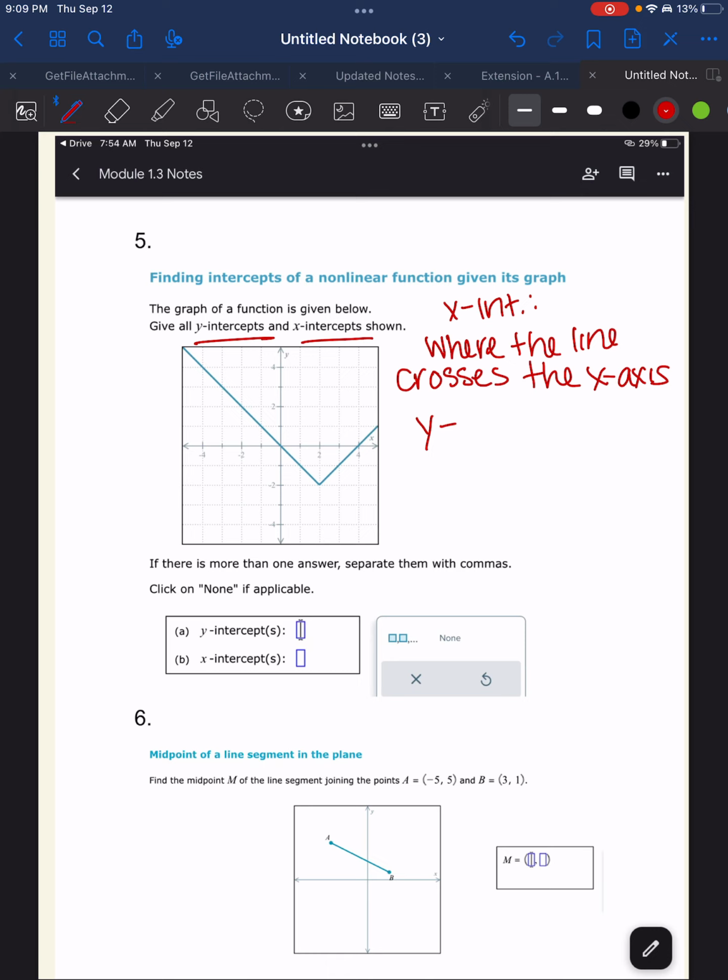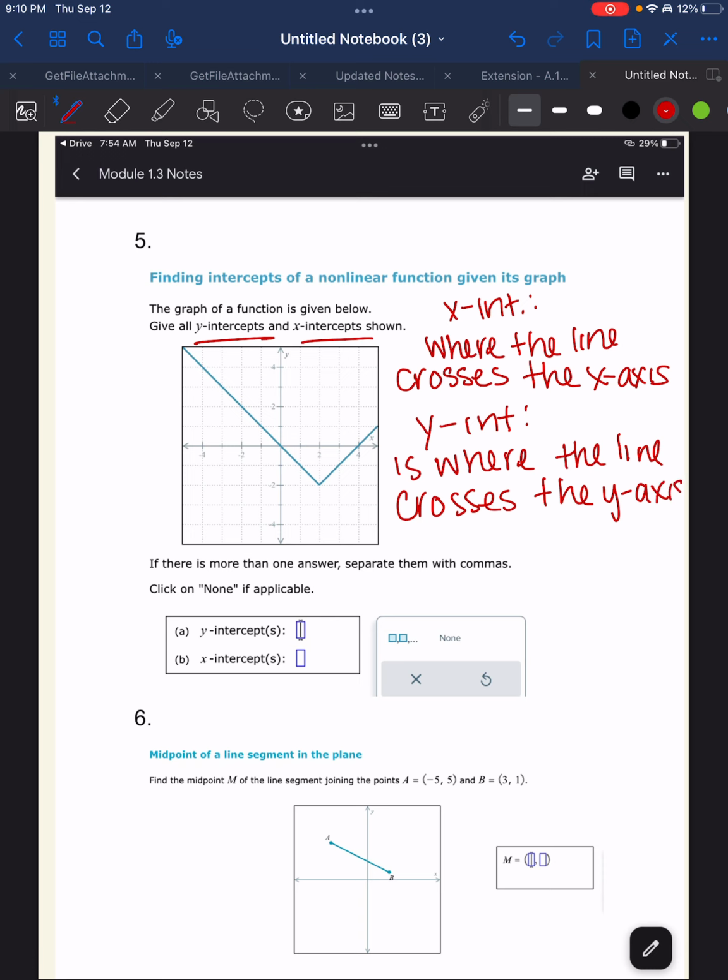The y-intercept is where the line crosses the x-axis. I'm sorry, y-axis. Alright, so here is my x-axis, hence why that little x is there.